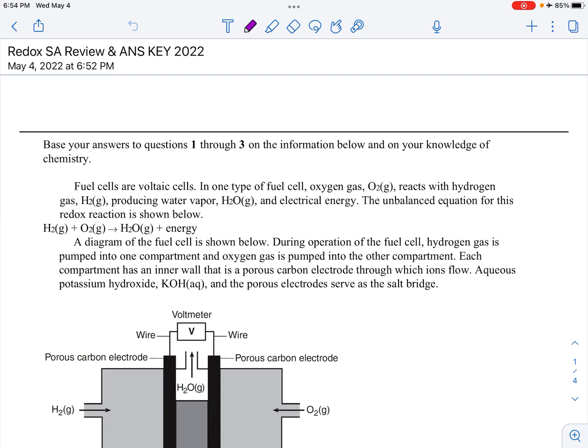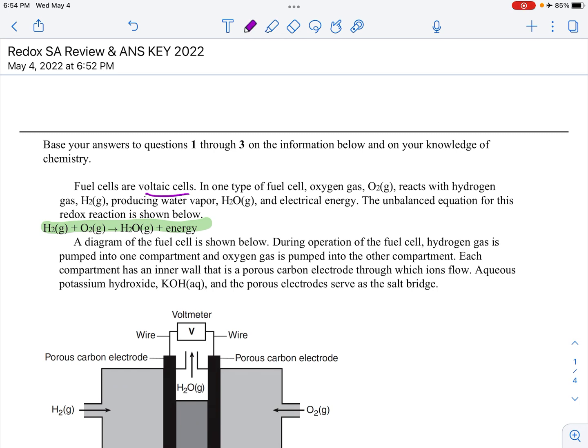Base your answers to questions 1 through 3 on the information below and on your knowledge of chemistry. Fuel cells are voltaic cells. In one type of fuel cell, oxygen gas reacts with hydrogen gas to produce water vapor and electrical energy. The unbalanced equation for this redox reaction is as follows. A diagram of the fuel cell is shown below.